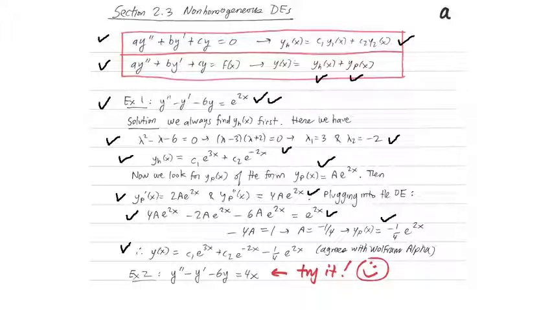The idea here is if we had two initial conditions, we would then take our two initial conditions and use those initial conditions to solve for c1 and c2. We'll look at an example like that later.